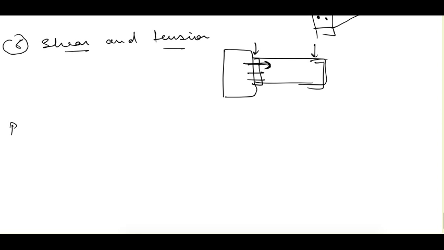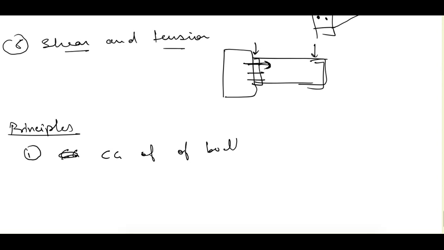And after that there are some principles we use in the design. So two principles are there. First one is we try to hold the center of gravity. So the center of gravity of bolts should coincide with the center of gravity of members.